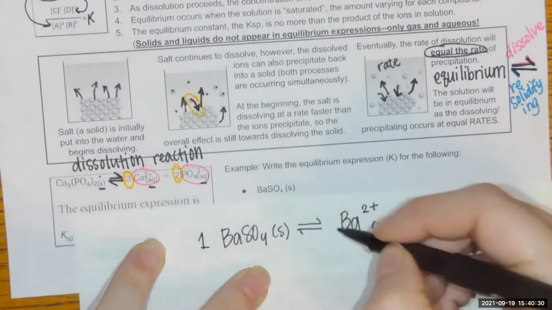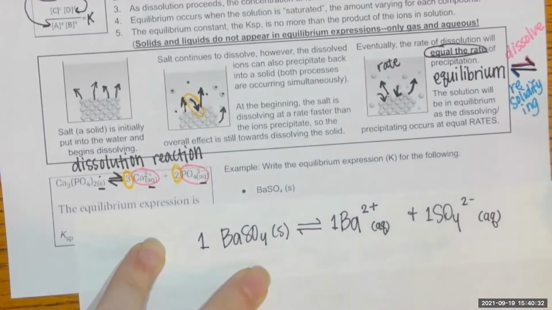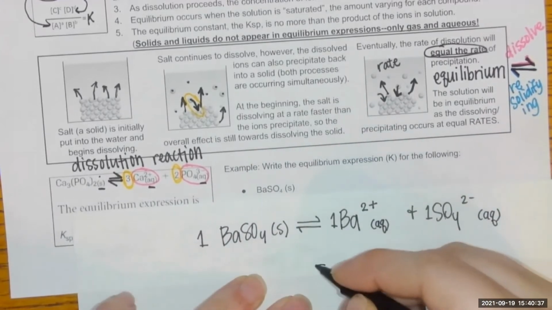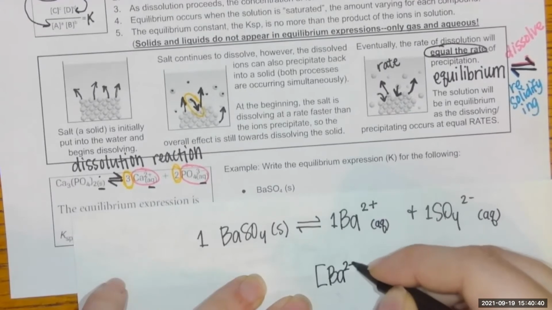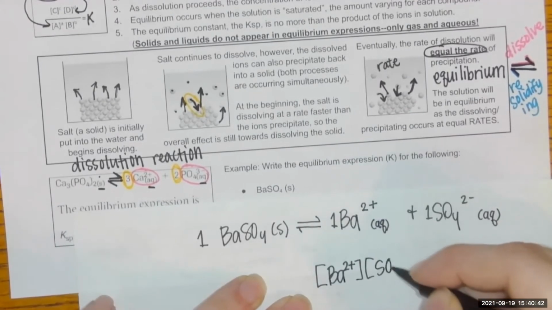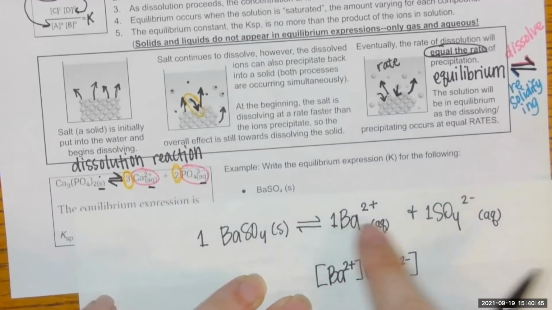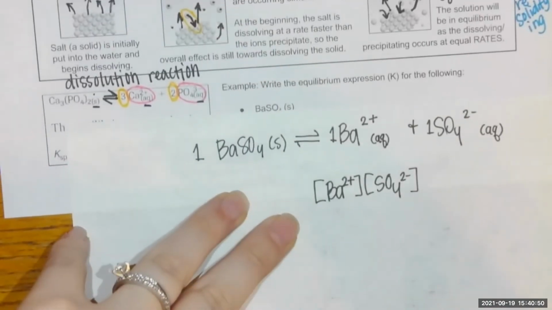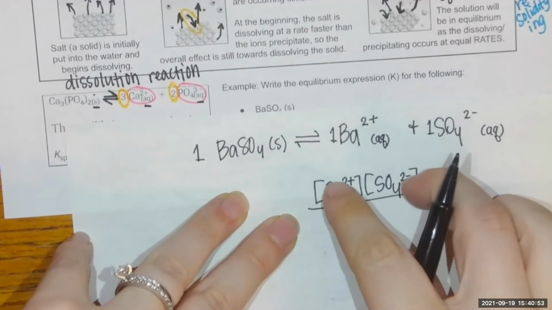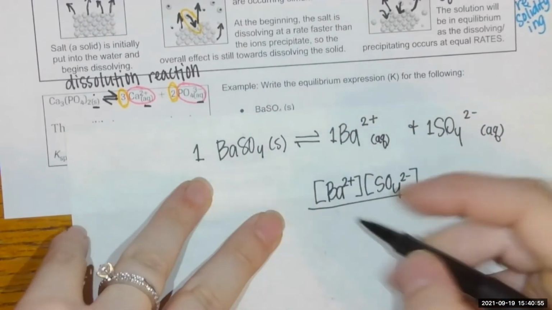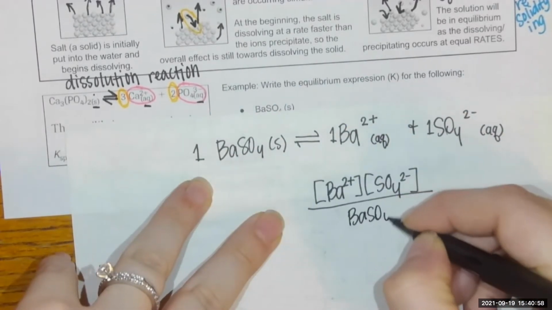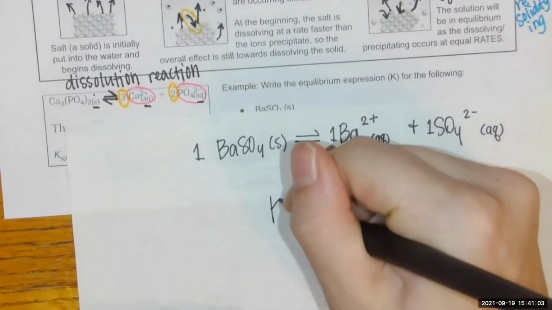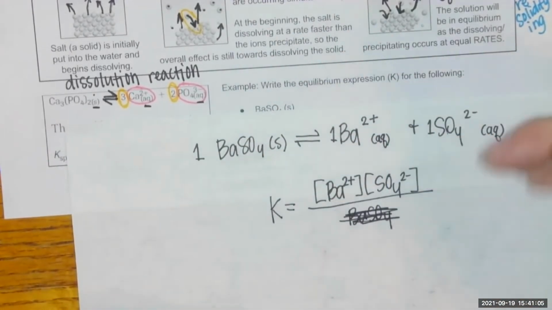For one of these, I get one of those and one of those. Products over reactants. Each would be raised to the 1 power, but I don't want to write that because that's redundant. Products over reactants, but wait, that's a solid, so I'm not going to write it. K equals this.